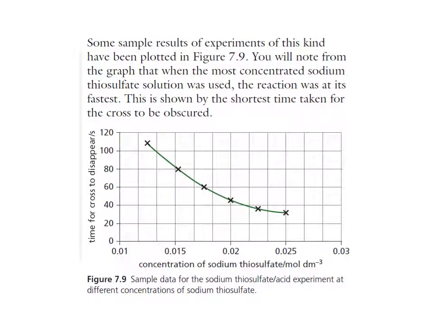Now this is a graph given over here, with some sample results of an experiment of this kind that we talked about in the previous slide. You will note from the graph that when the most concentrated sodium thiosulfate was used, the reaction was at its fastest. That means the time was minimum. So the more the concentration of sodium thiosulfate, the less the time required.